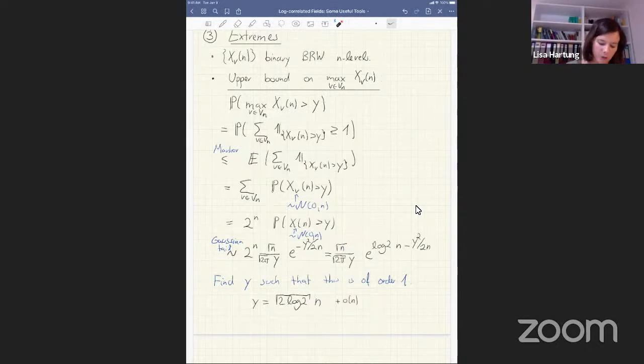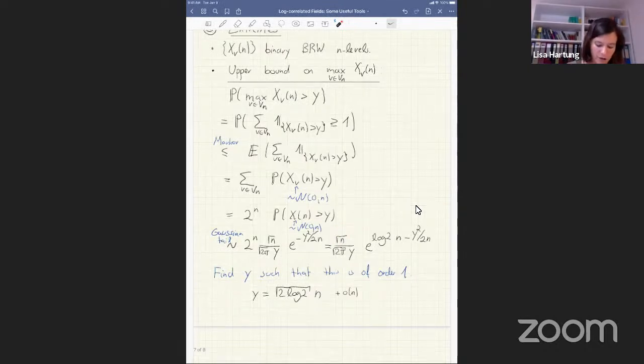What turns out to be the good choice to make this really of order 1 is that you choose y to be square root 2 log 2 times n minus 1 over 2 square root 2 log 2 times log n.